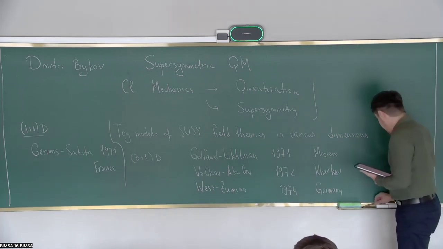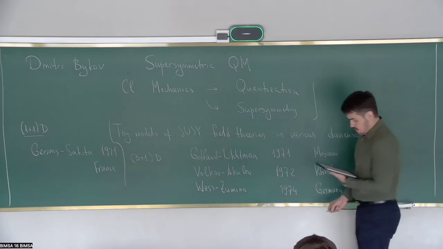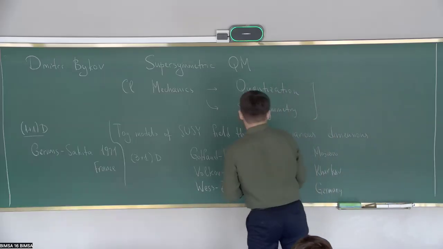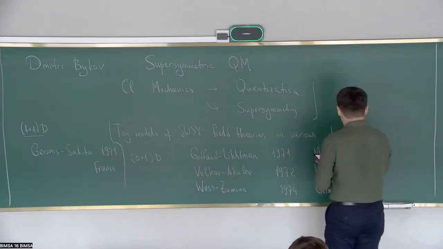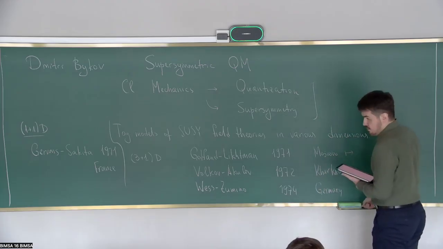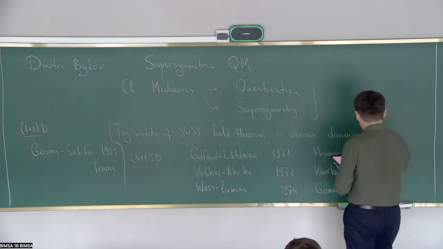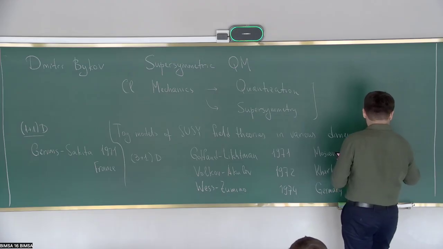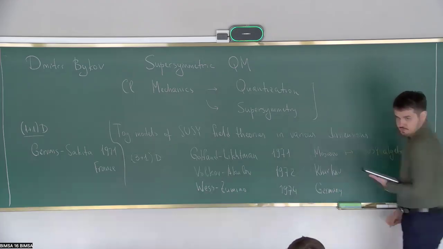So particularly in the work of Gordon and Liebman, the supersymmetry algebra was written down. The main kind of key player in this science.